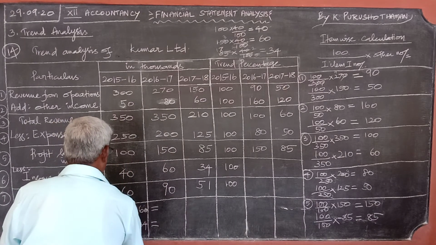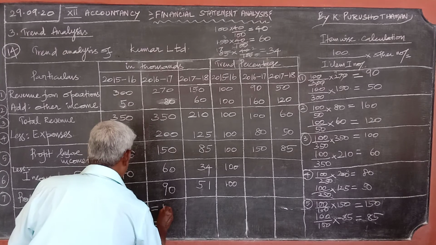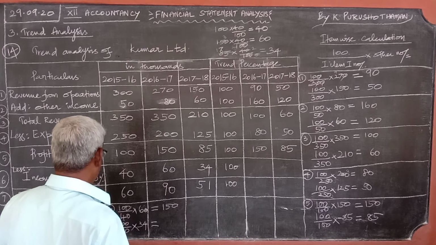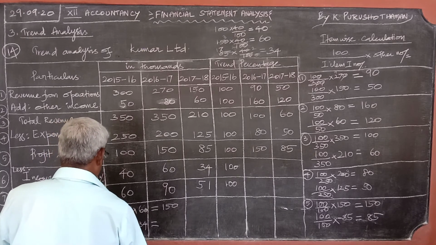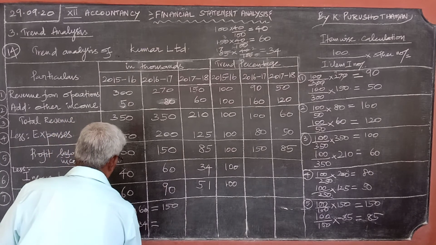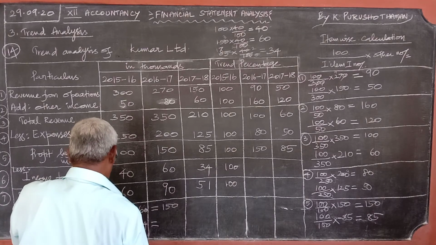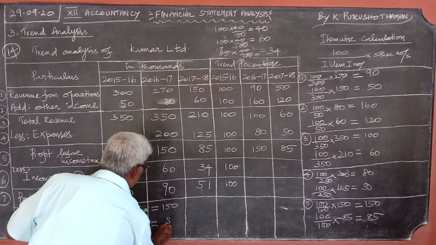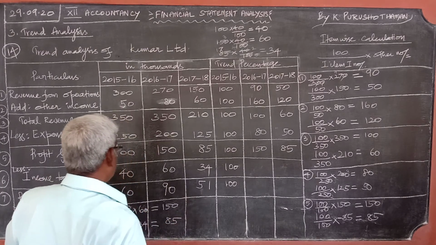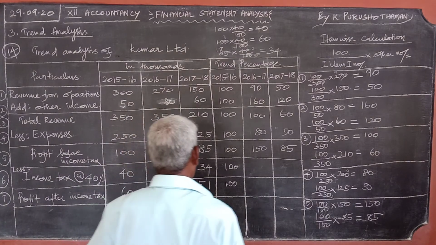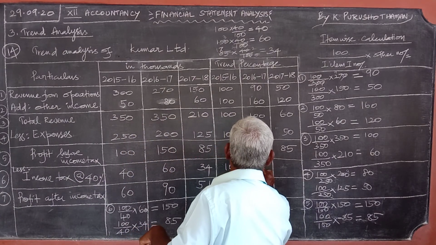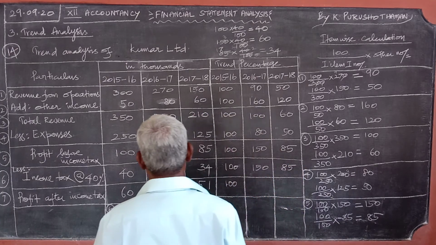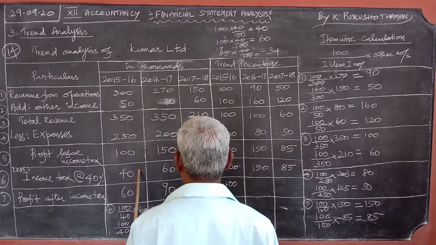Here 3 by 2, 50, 3 into 50, 150. And for 34, this is 5 by 2, 17, 5 into 17, 85. So it is 150, 85. We got the same percentage.